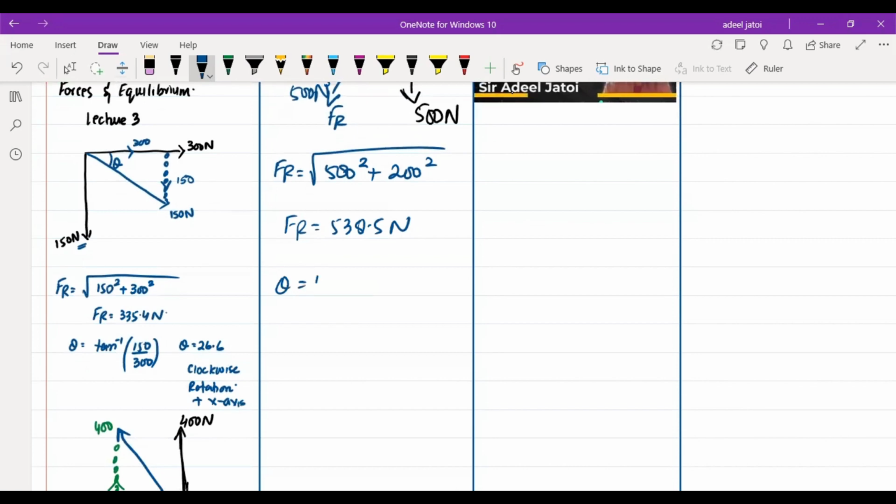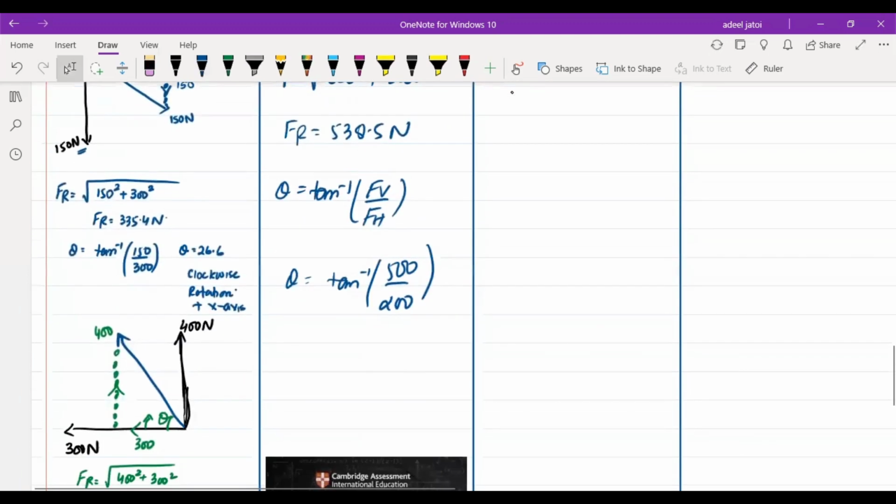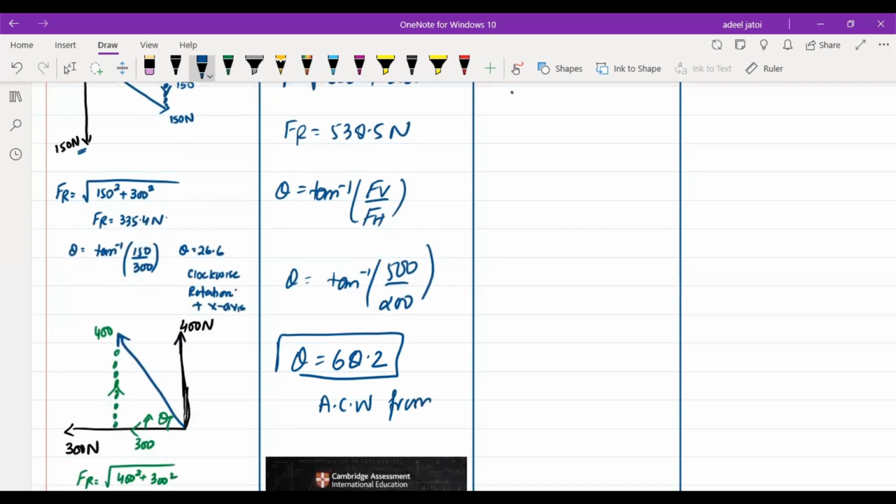Whereas theta is equal to what? Tan inverse. This should be FV upon FH. So theta is equal to tan inverse 500 upon 200. So theta should be 68.2. But this should be anti-clockwise from the negative x-axis.